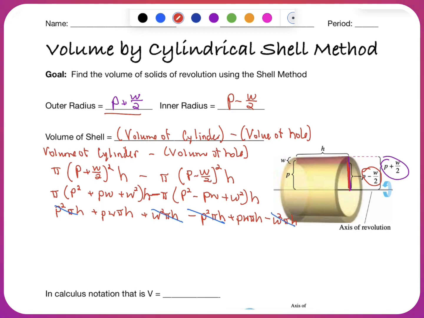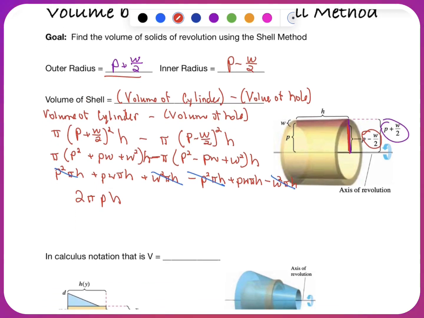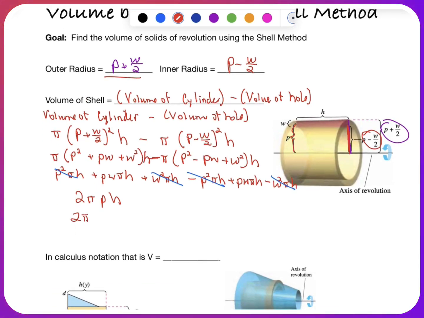So we're left with just 2 P W pi h, and I'll write that as 2 pi P h W, which is 2 pi times the average radius, and then h stands for the height, and then W, which I forgot to write, stands for thickness, width, but we'll call that our thickness, and that's going to be dx or dy, the infinitely small thickness. So that's just one shell.